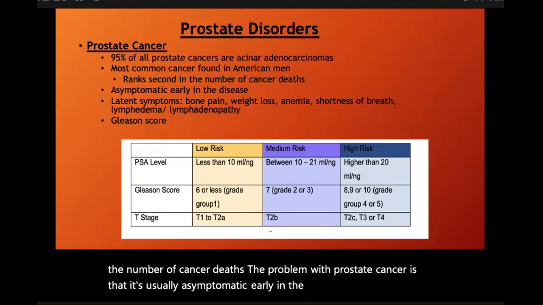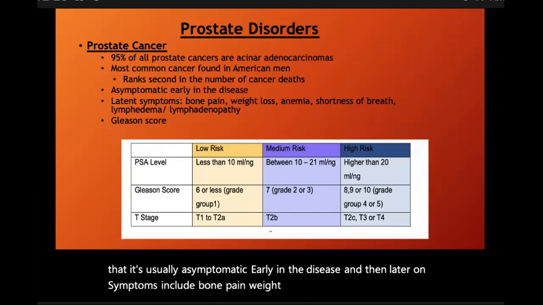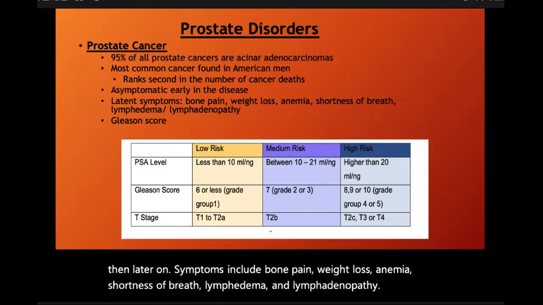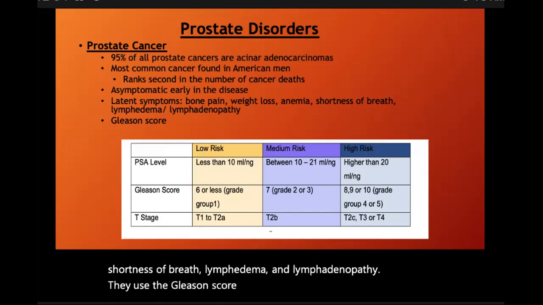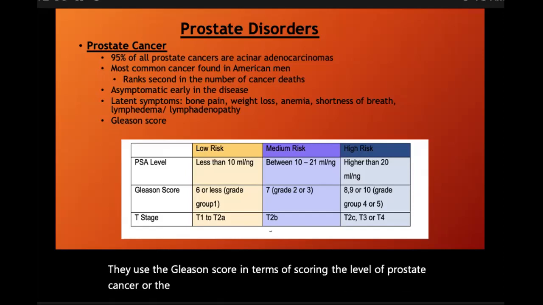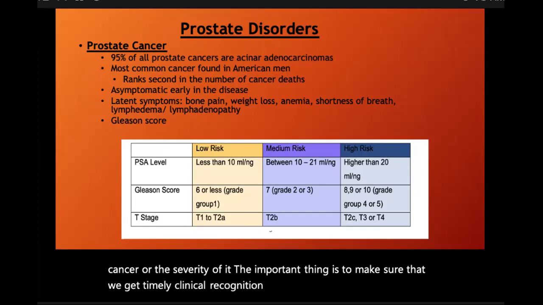And then later on, symptoms include bone pain, weight loss, anemia, shortness of breath, lymphedema, and lymphadenopathy. They use the Gleason score in terms of scoring the level or severity of prostate cancer. The important thing is to make sure that we get timely clinical recognition and treatment of prostate cancer.